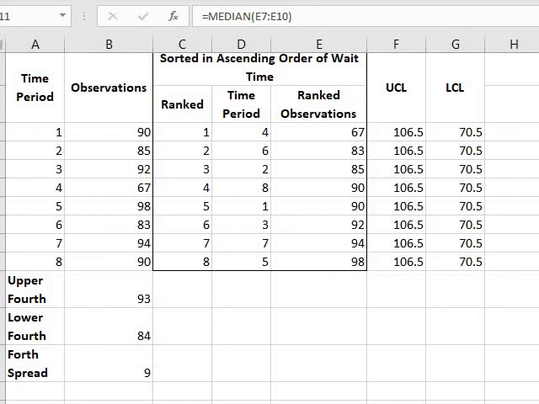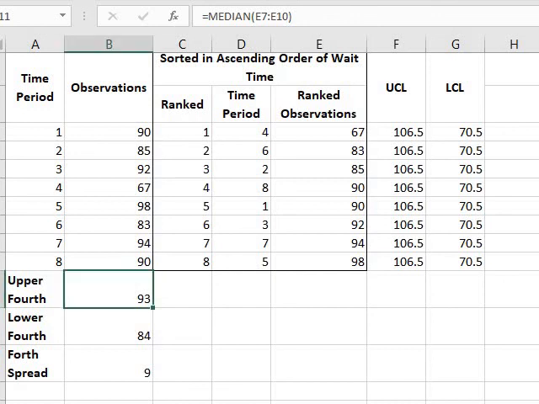So as you can see in column A, those are our given time periods, and in column B, those are our given observations, which represent our wait times. In columns C, D, and E, I ordered the observations in order from the smallest to the largest. Then I used those observations to calculate the upper fourth.